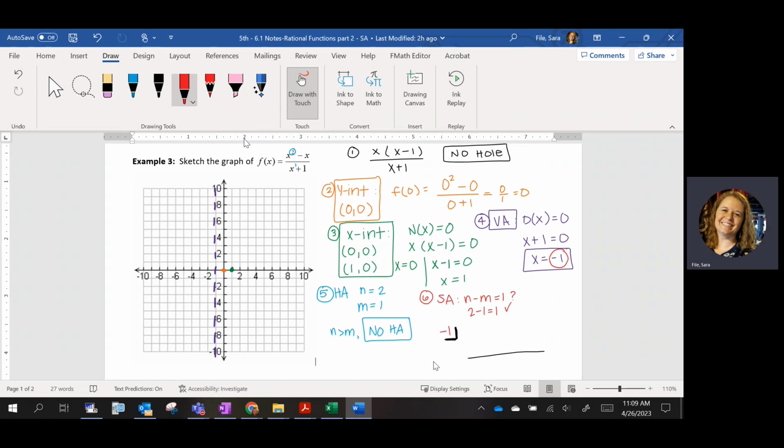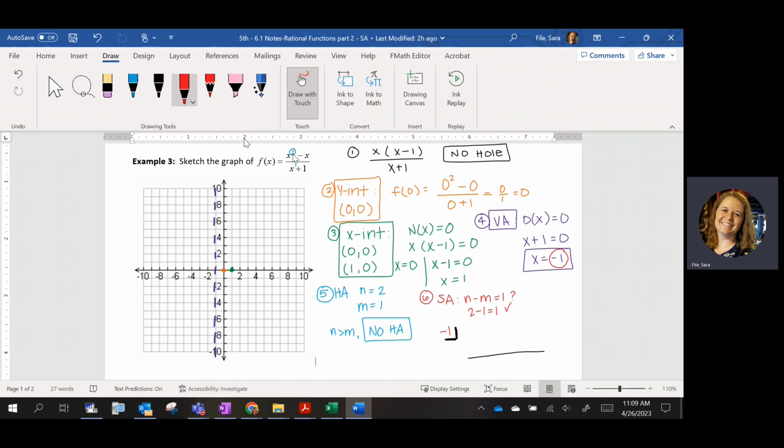Okay, so -1. And then what is listed here? The numerator's coefficients, right? Just the numbers. Okay, in descending order. And we have placeholders when needed. So this is a quadratic. So you should have an x squared, an x, and a constant term.